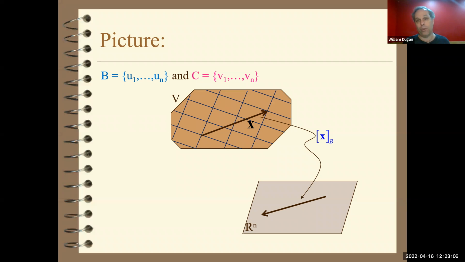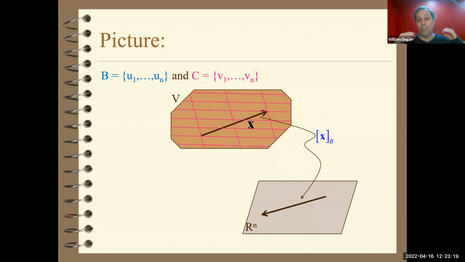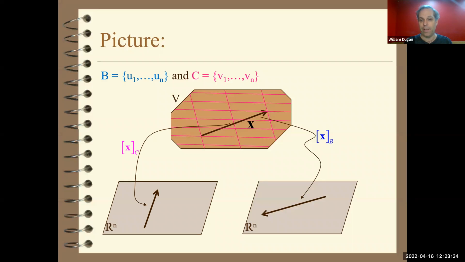So then we have some vector in Rn, which is the coordinates of x relative to B. But you could instead look at the vector space V in terms of the basis C. That would introduce a different set of graph paper, a different way to represent that particular vector space. So now x hasn't moved. It now has coordinates relative to C. So there is a way to take that vector x and map it to its coordinates.